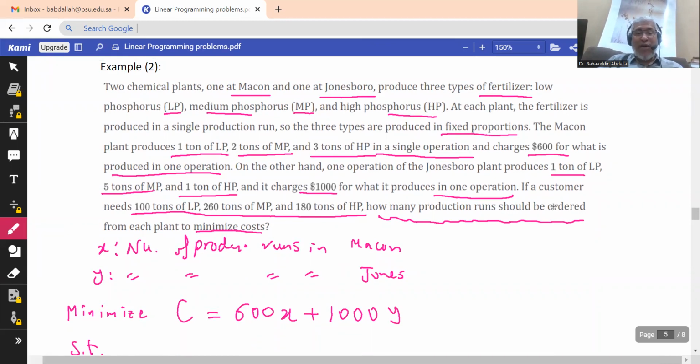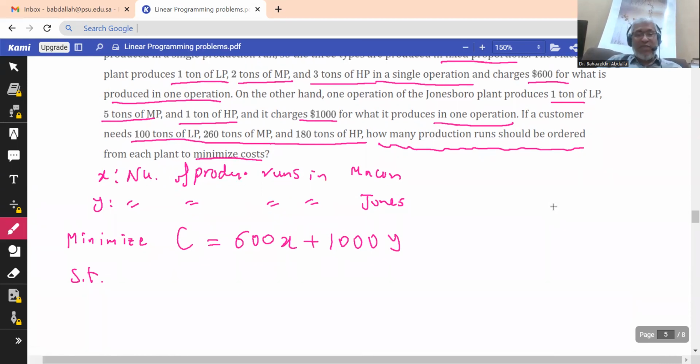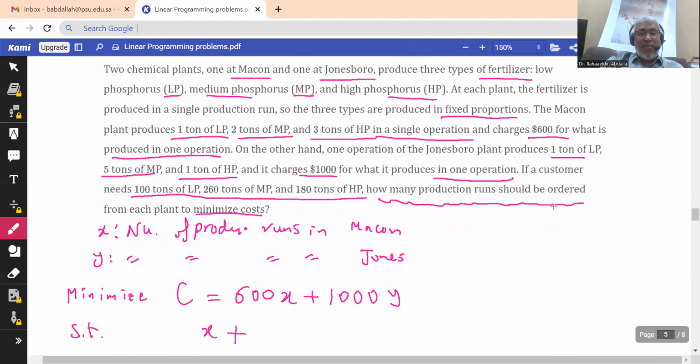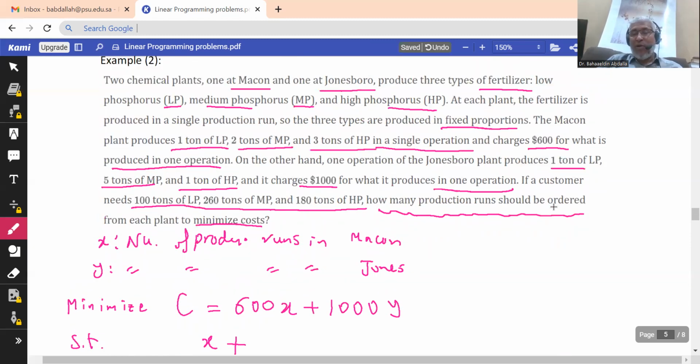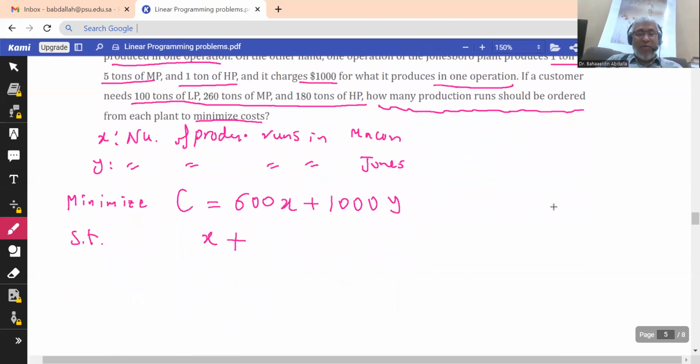From Macon, a single operation will give you 1 ton of LP. So 1 times X, which is the number of operations, will give you the tons. Plus, how can I get the tons from Jonesboro? Also 1 ton of LP from Jonesboro. So if I multiply 1 times Y, the number of production runs in Jonesboro, and add these, I will get the total tons.